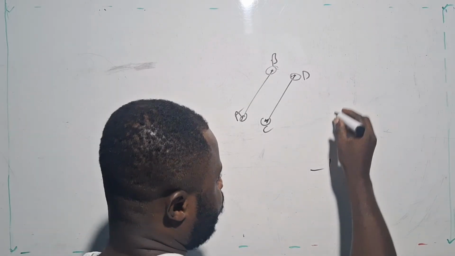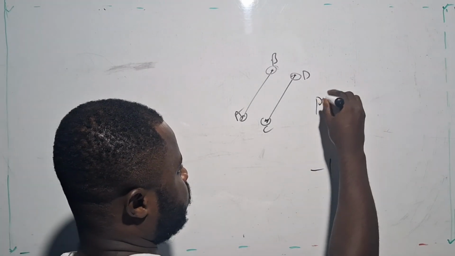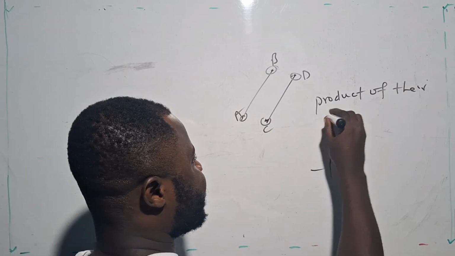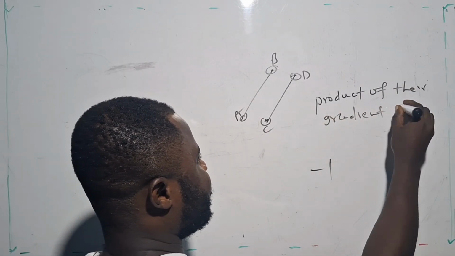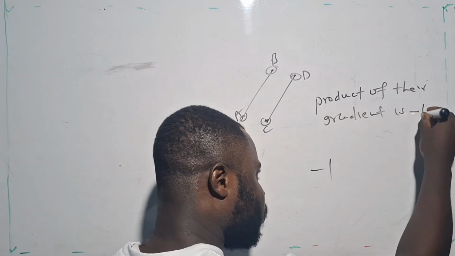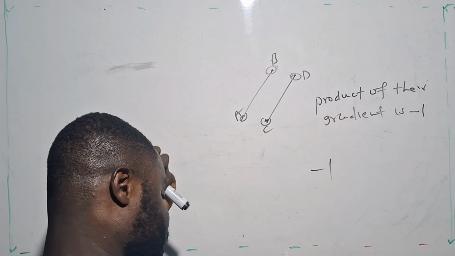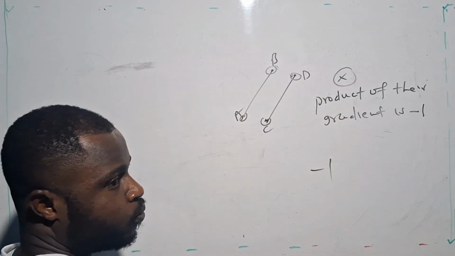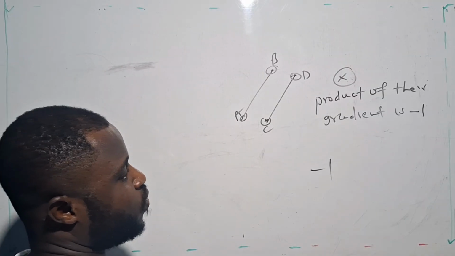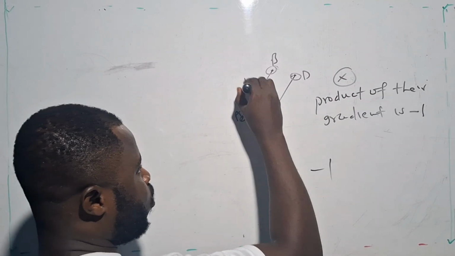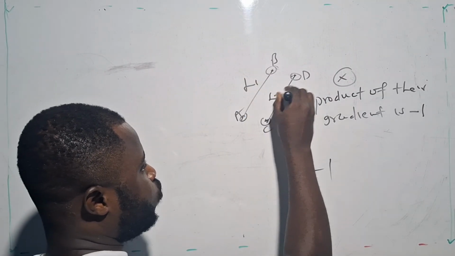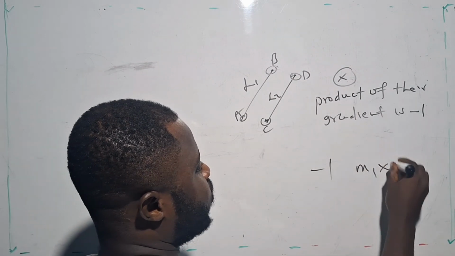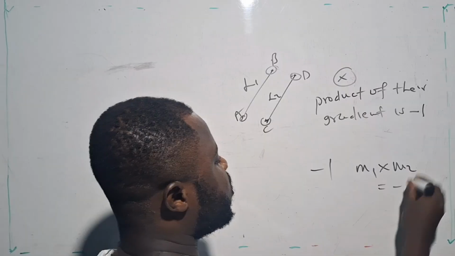The product of their gradients is -1. In mathematics, what is a product? Multiplication. Yes, the product of their gradients. So if this is L1 and this is L2, it means the gradient M1 times the gradient M2 should give me -1.